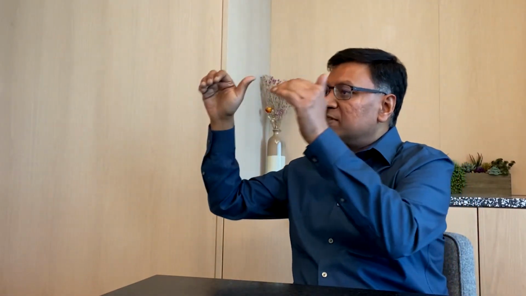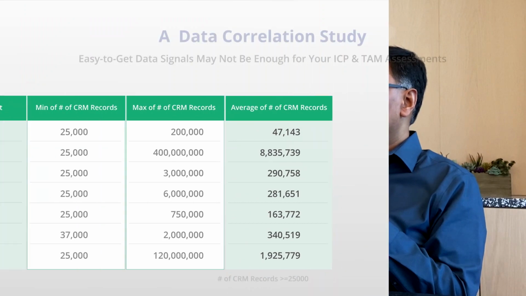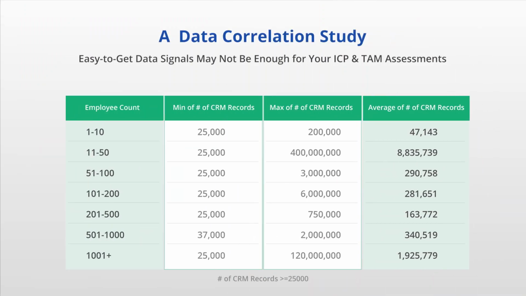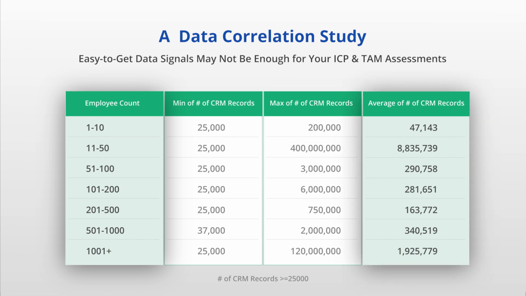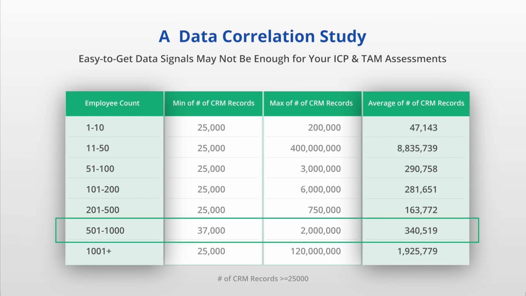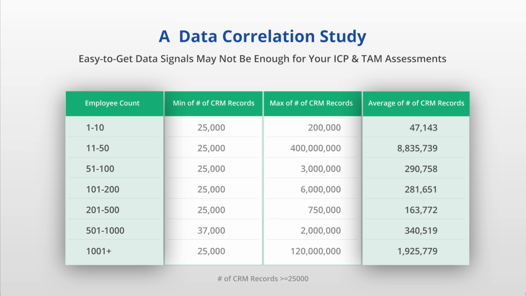They would have a need for us based on the number of businesses in their CRM. When we ran the survey, we found there was no correlation between the number of employees and the number of records in their CRM. So if we were only targeting 500 employee size companies, we would have missed out on at least 75% of the market that would have a need for our products.